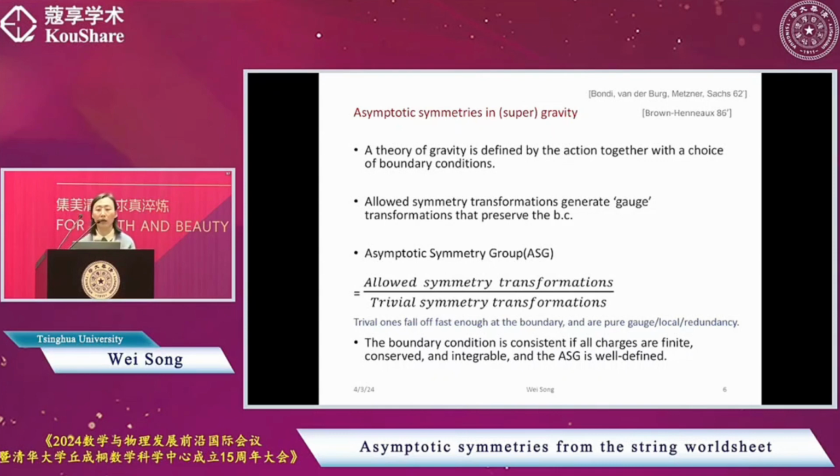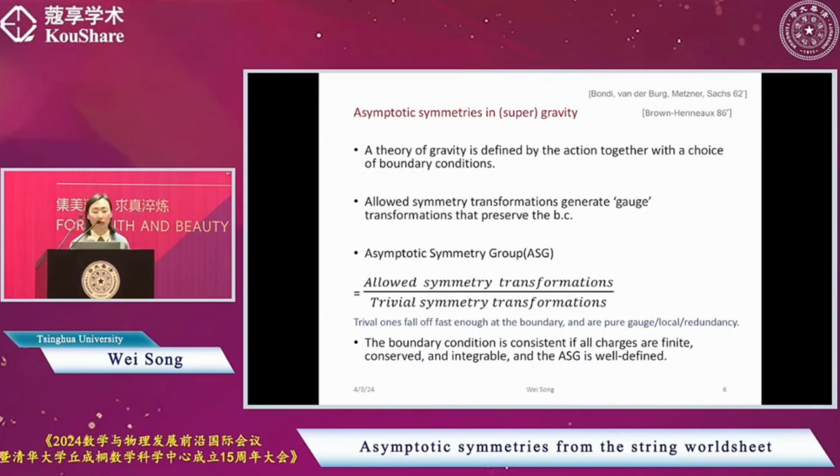Of course, when you say it depends on the boundary condition, then usually you need to be clever. You have to choose a clever set of boundary conditions, and after the whole procedure, all the charges you find should be finite, conserved and integrable, and the action of the asymptotic symmetry group has to be well defined.